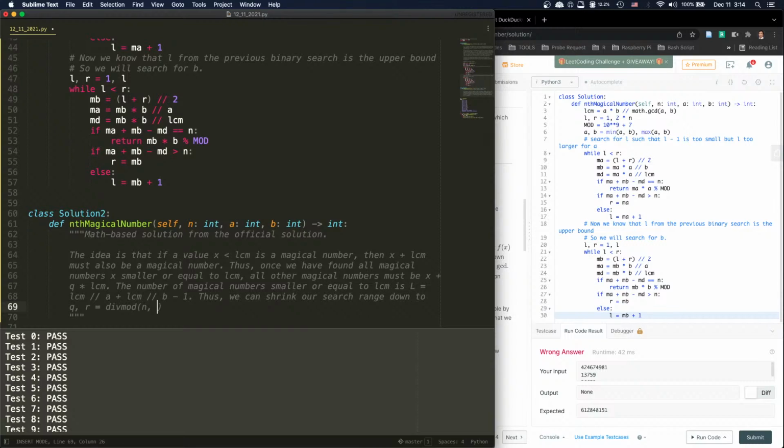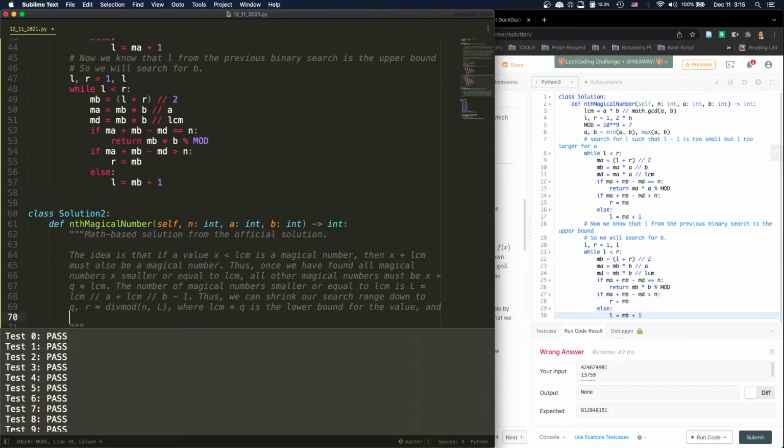No, it's N divided by L, right? Where LCM times Q is the lower bound of the value, right?